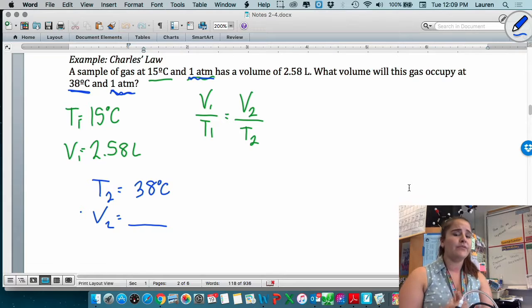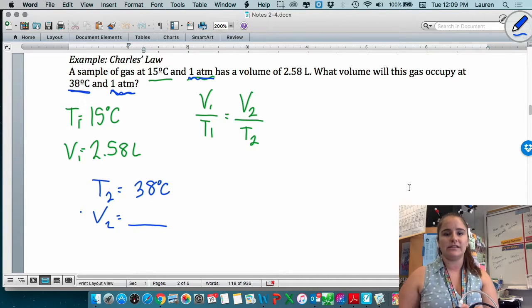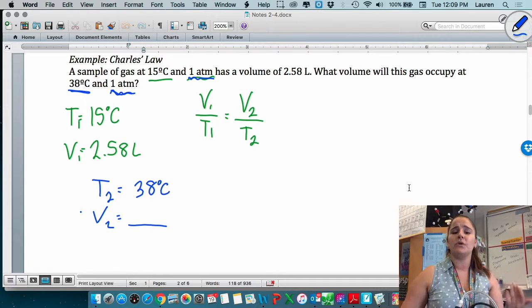A little note, whenever we're working with temperature though, we are going to need to work in Kelvin. That's because Kelvin is the absolute temperature scale, Celsius can go negative, and doubling the degrees in Celsius does not necessarily mean double the energy. So we're always going to have to use Kelvin.